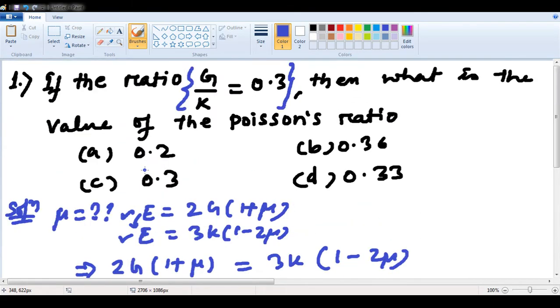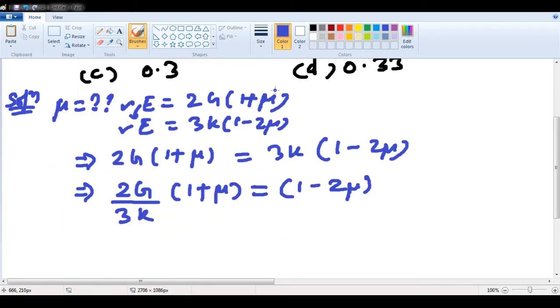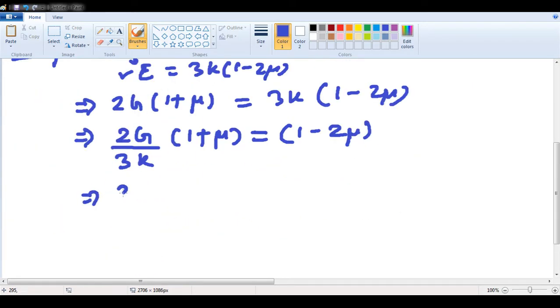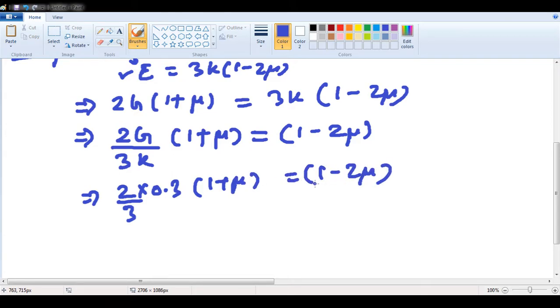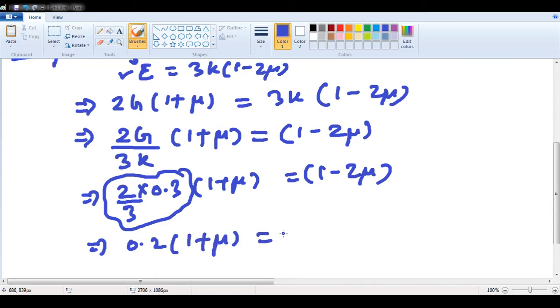We have the value of G by K, how much? 0.3. So 2 by 3 times 0.3 is 0.2. So 0.2(1 plus mu) is equal to 1 minus 2 mu.